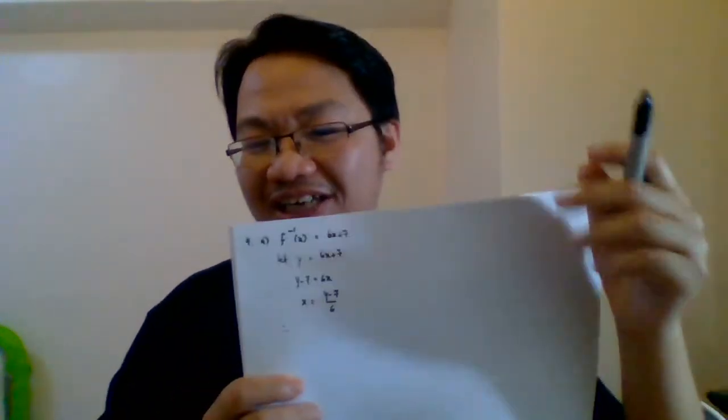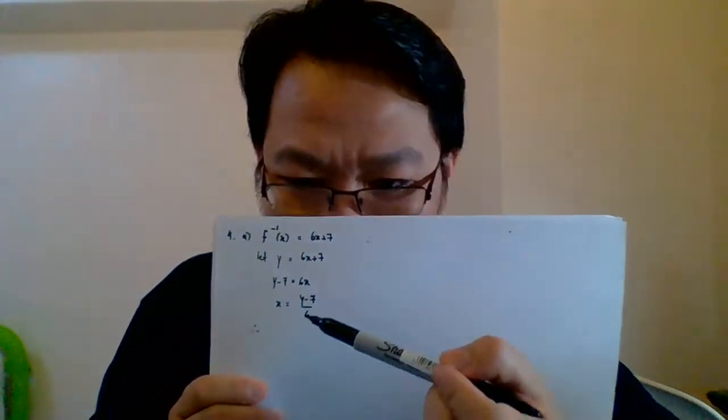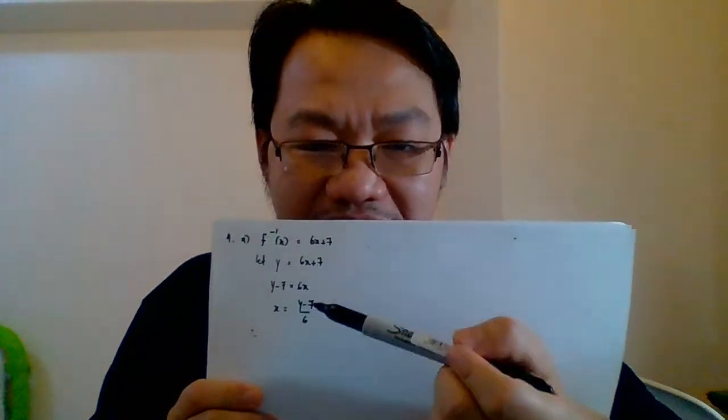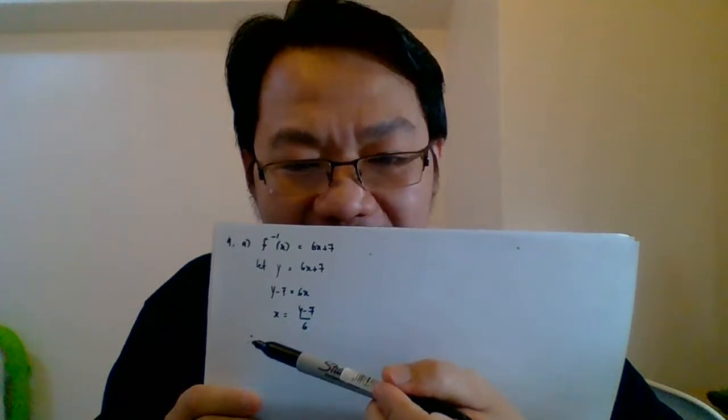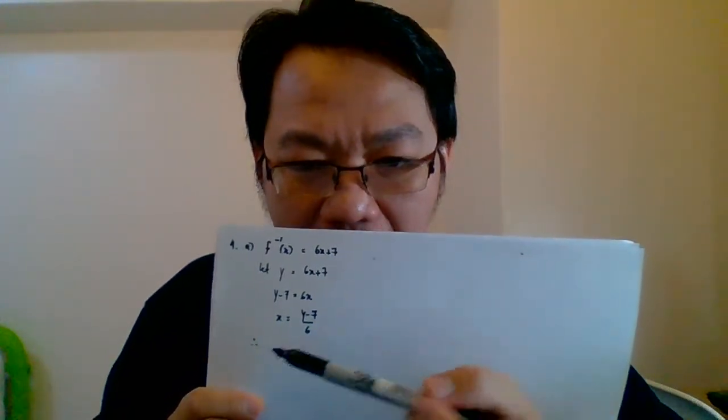Okay, congratulations Alia. I hope everyone understands the process. But this is not the end of the answer. We must make a conclusion. Therefore, normally when we make a conclusion, we change our y become x, right? We copy the same process for this question. The difference is, instead of writing the F inverse, we just write the Fx.